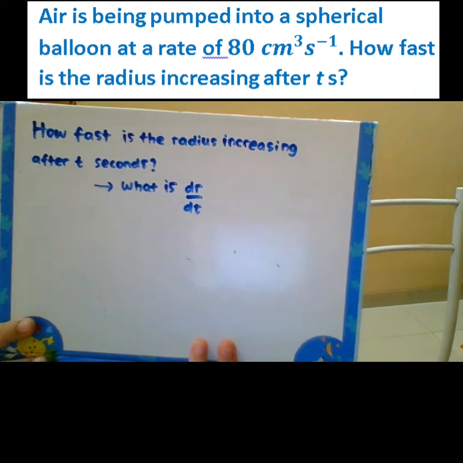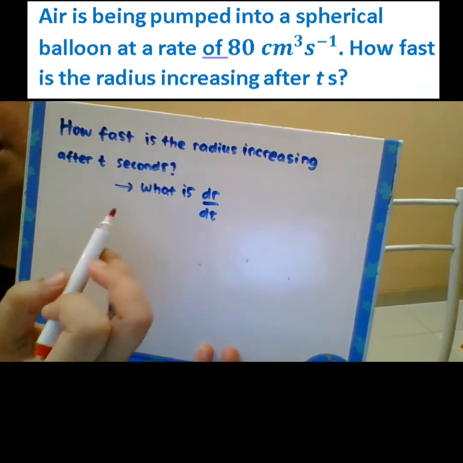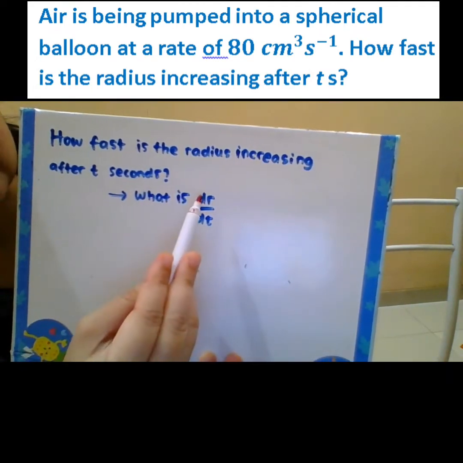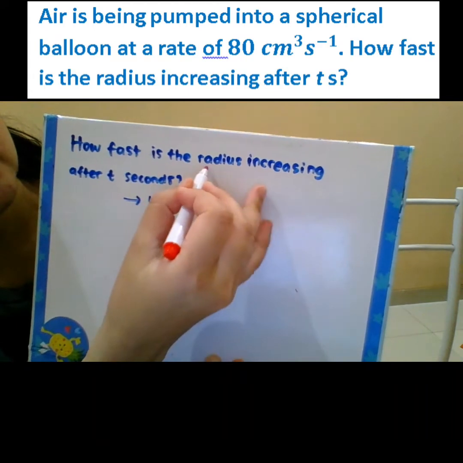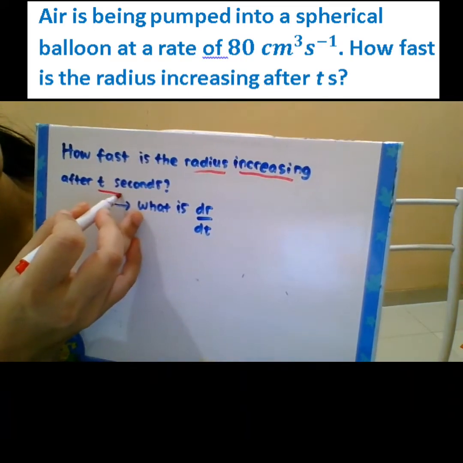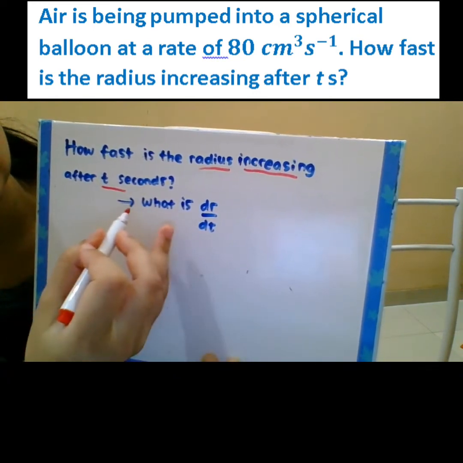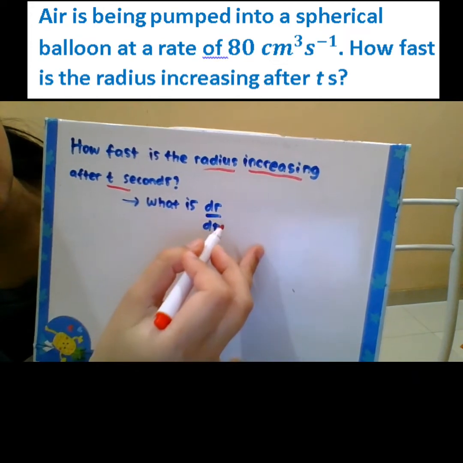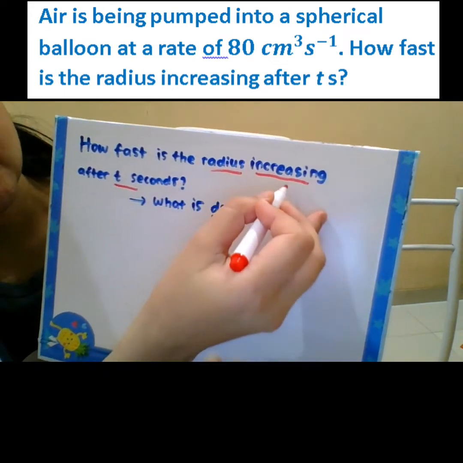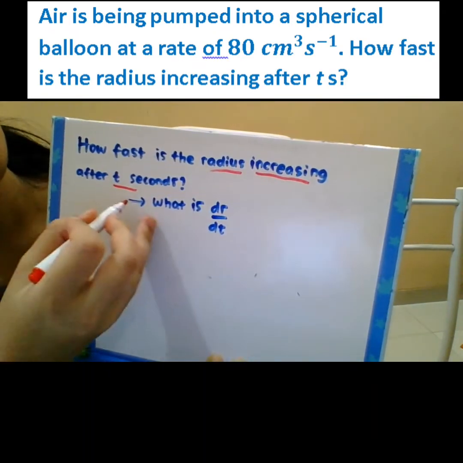And then the question is, how fast is the radius increasing after t second? So here they mention the radius increasing after t second. In other words, the question is, what is dr per dt? Radius increasing means the rate of change after t second.